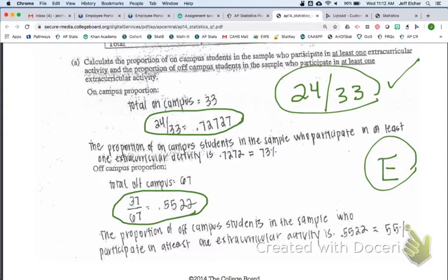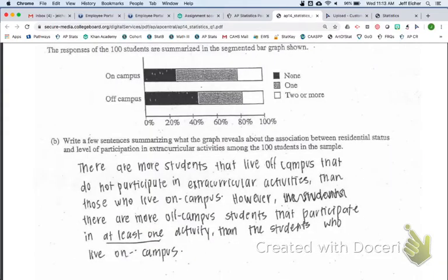On part B now, this response says, there are more students that live off campus that do not participate in extracurricular activities than those who live on campus. So there are more students who live off campus, so they're trying to compare this right here.